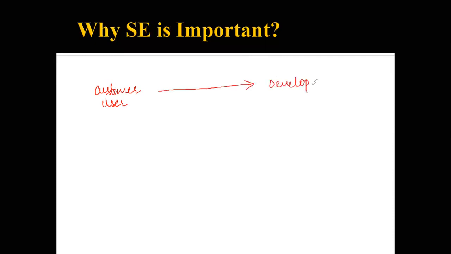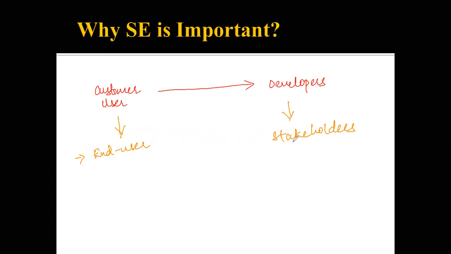The developers are going to develop it. In software engineering you use two different terms: the customer will be called the end user and the developers will be called stakeholders.